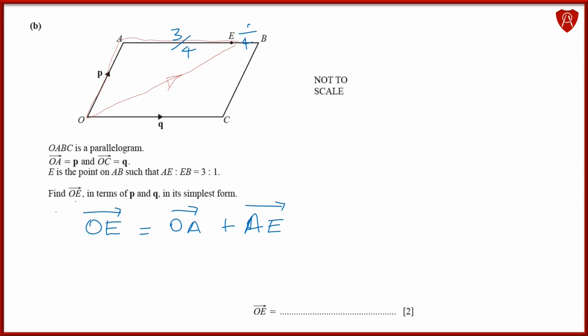But we also need to remember that vector AB as a whole is equal to the vector Q. OC is equal to AB as a vector. So we can say AB, a vector, is equal to Q. So here we can say it is vector P plus 3/4 of this vector AB, which is Q. So our answer in its simplest form is just that.